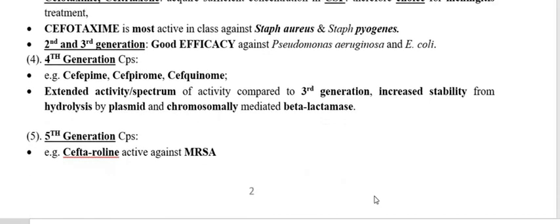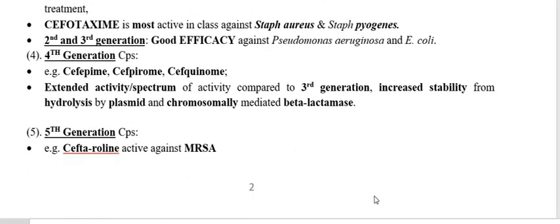Now we have to go through the fourth and the fifth generation. The interesting point with the fourth generation is that when you move from first generation to third generation, gram positive activity decreases, while gram negative activity increases.